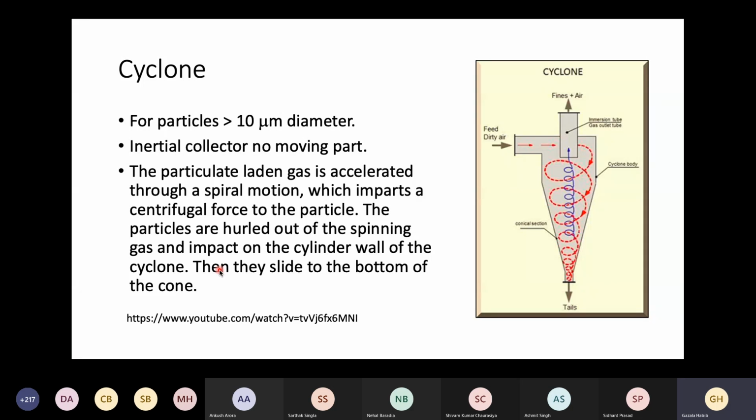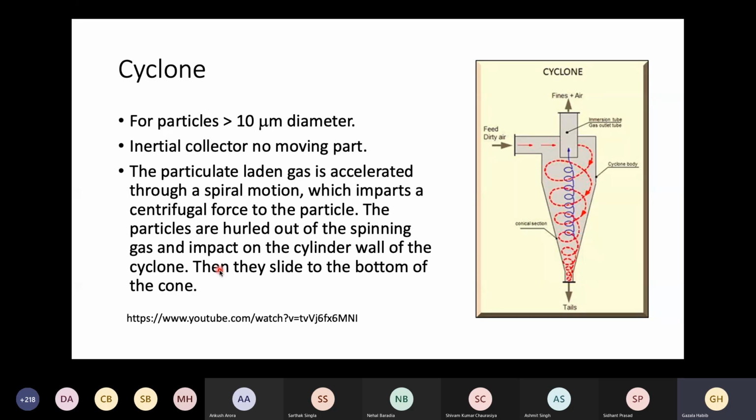There is no digital or electrical part in this particular device. It's just a mechanical device. It's very cheap, a low cost control, and efficient for basically large size particles.